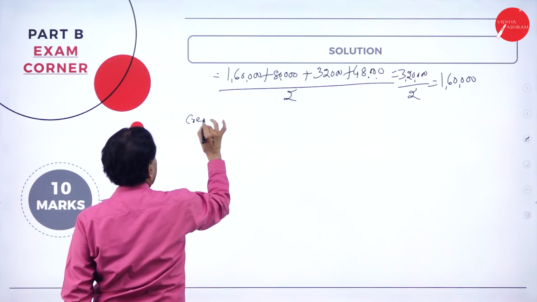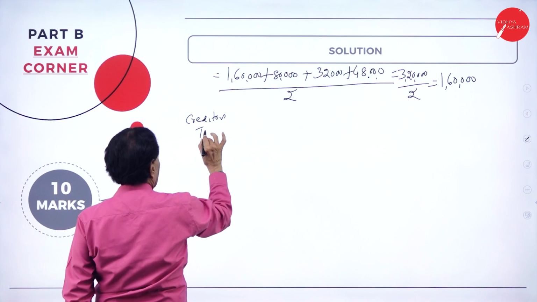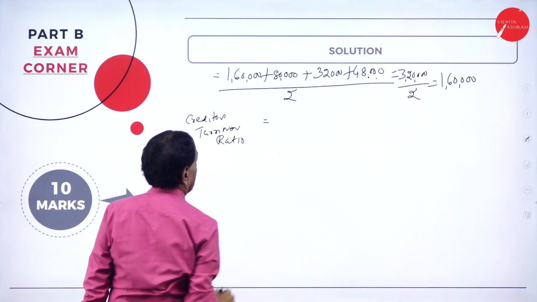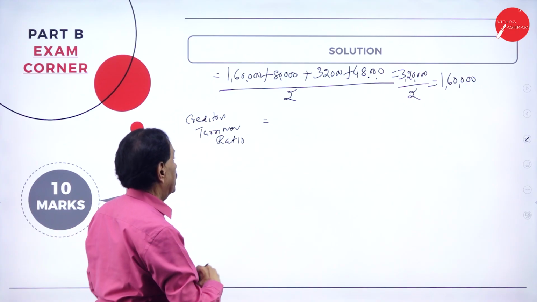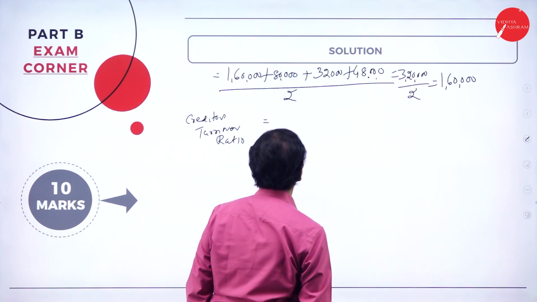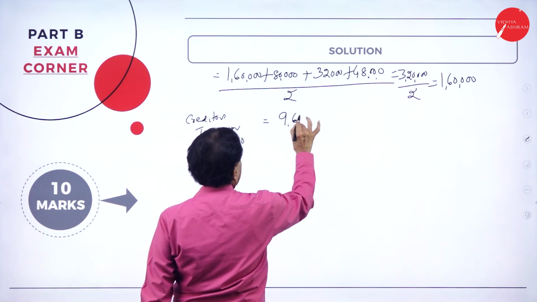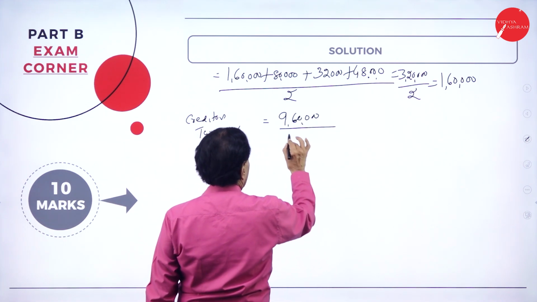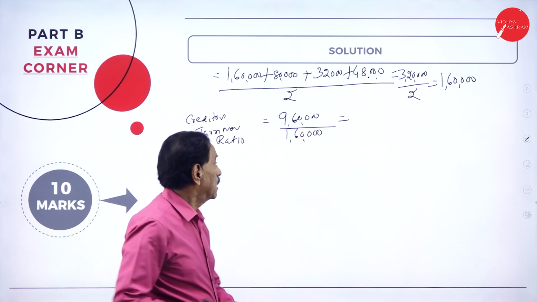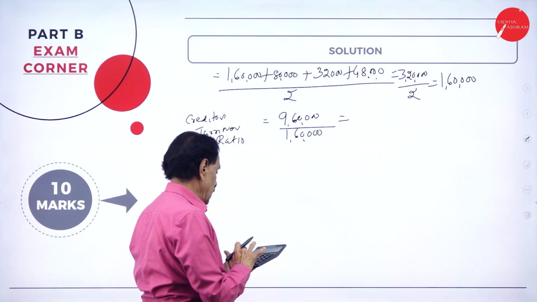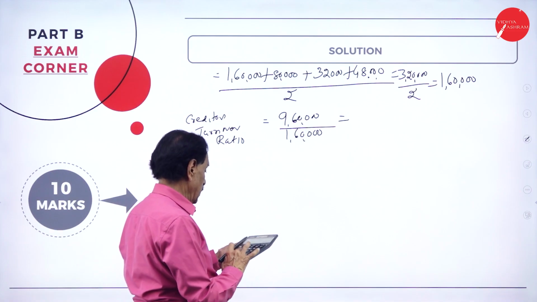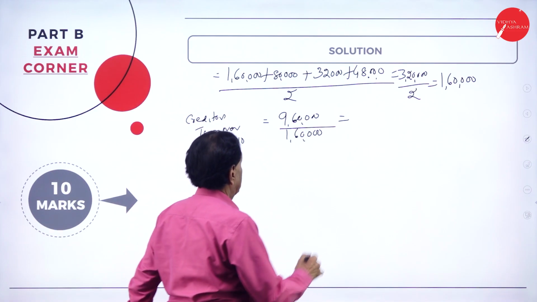Creditors turnover ratio is equal to, what is your credit purchase? 9,60,000 divided by 1,60,000. Six times.